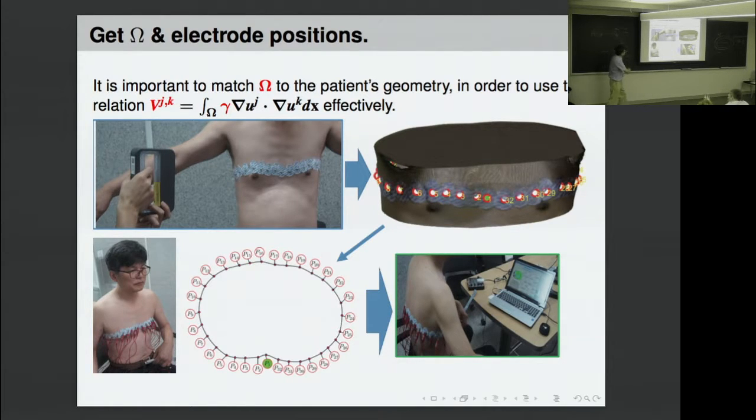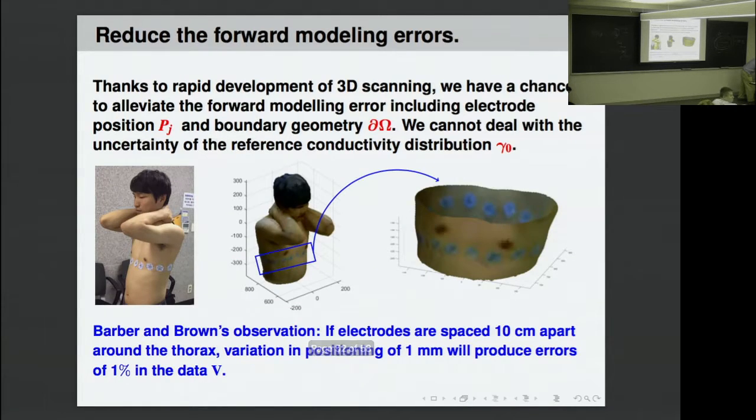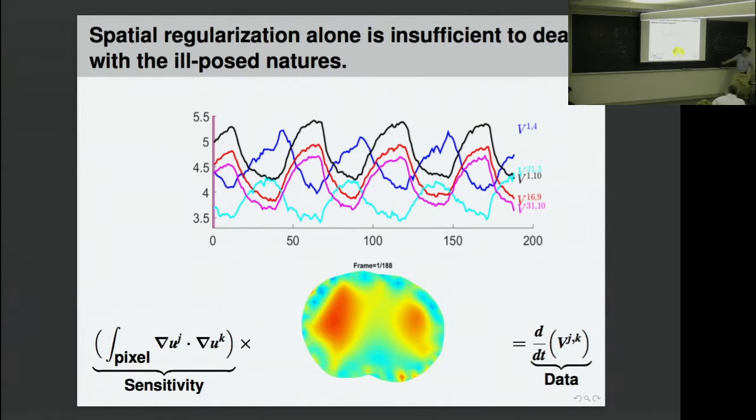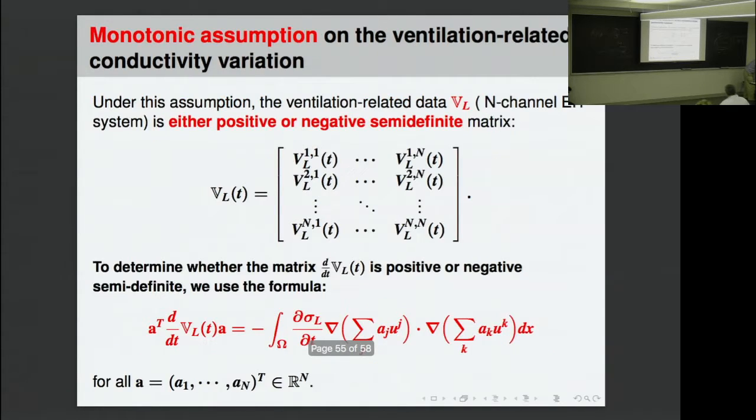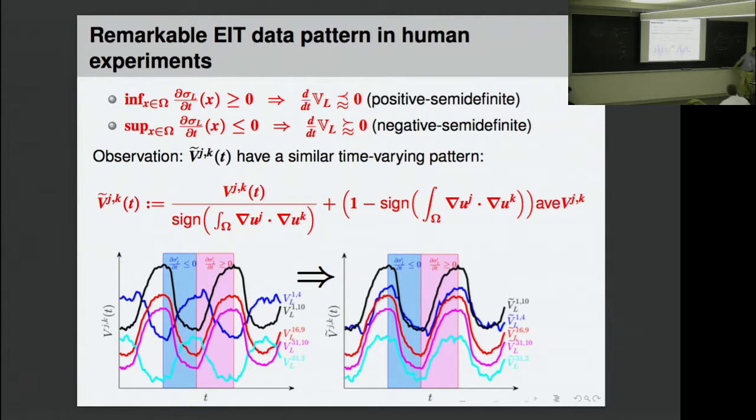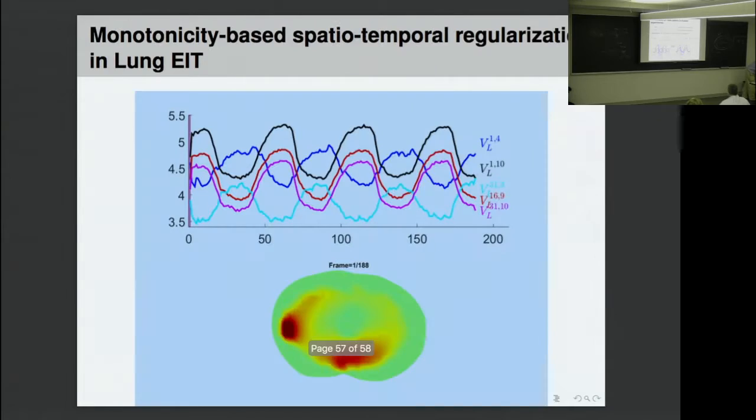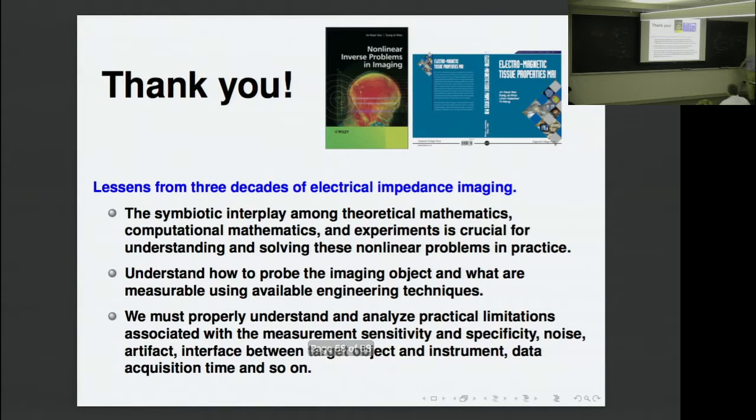Using the 3D scanner, you can capture the boundary geometry error and the electrode position error as much as possible, and then you can reconstruct. Actually, this is a movie, but I cannot see it. Then you evaluate the data, and this is also a movie, I quickly wrap this up.